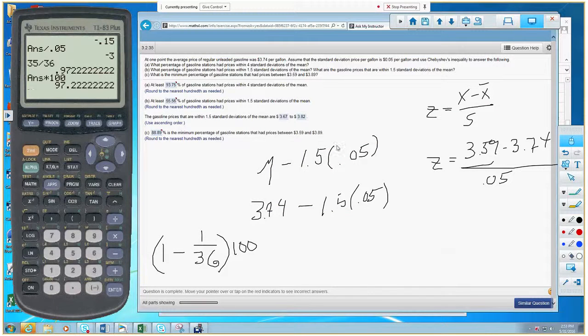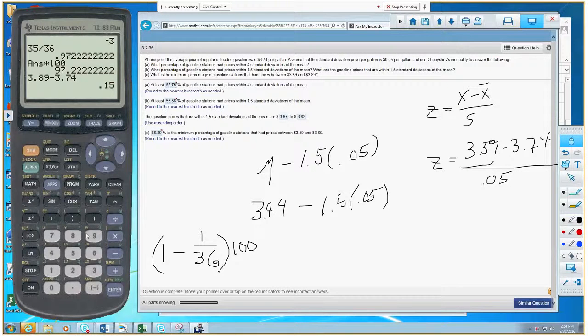Well, I must have done something wrong. Must be one of 3.89. Let's do 3.89 minus 3.74 equals, yeah, 3 standard deviations. Maybe they want 9, so that would be 8/9.